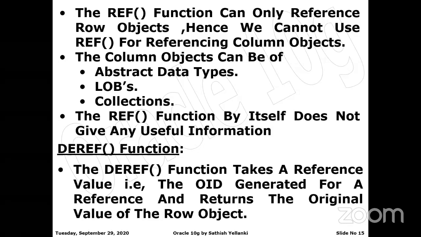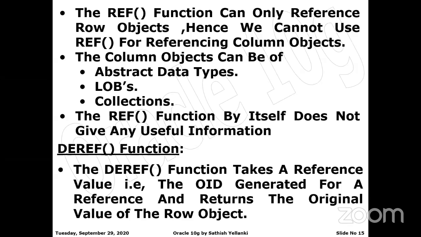Second thing, the pattern with which the object ID is generated is controlled by Oracle. Do you agree with me? Then that object ID should definitely have some information that we may not be able to understand with our eyes.